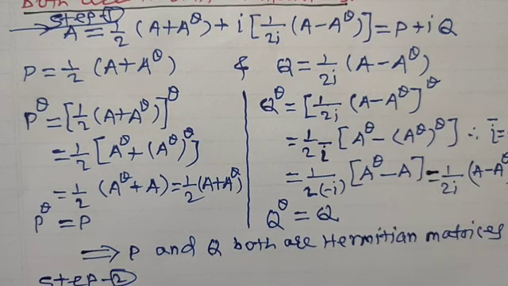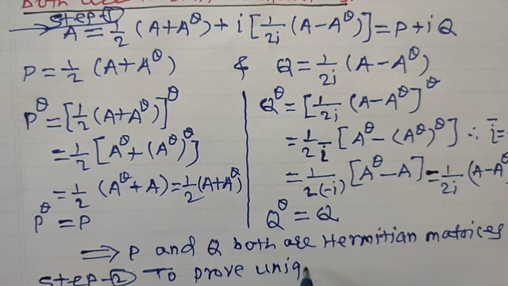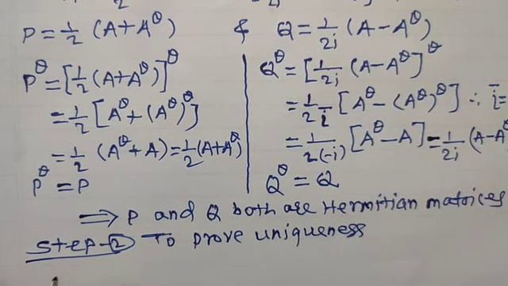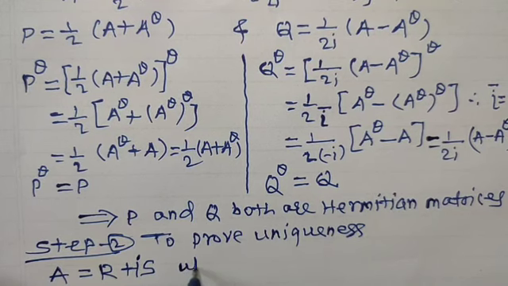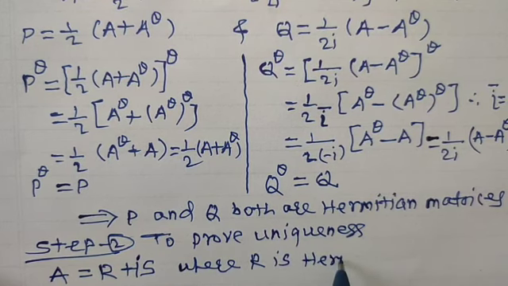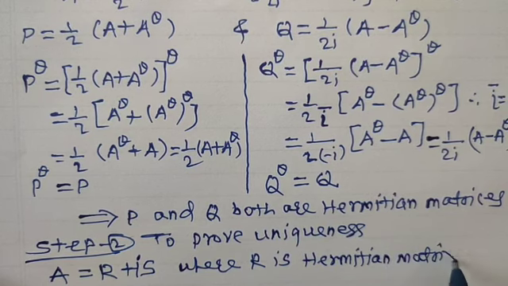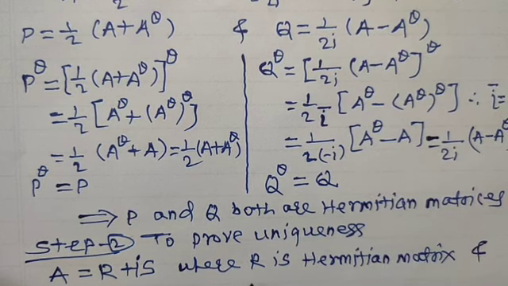Step 2: to prove unique expression, to prove uniqueness of P and Q. Now let us assume square matrix A is equal to new matrices R plus iS, where R is Hermitian matrix, okay, we are assuming this, and S is also Hermitian matrix.